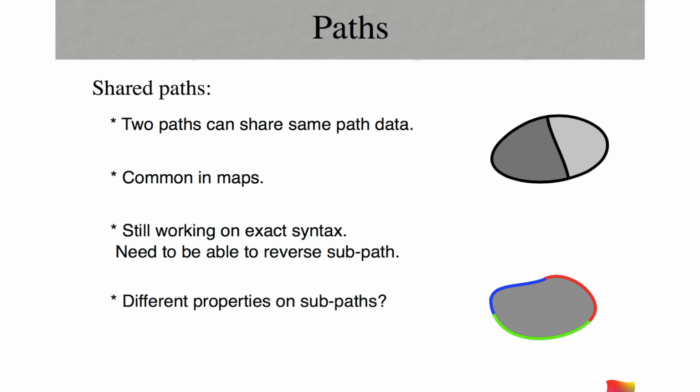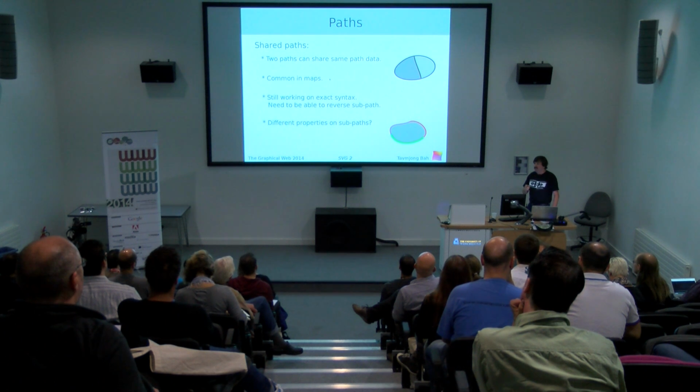Something else that's probably going to make it into SVG 2 is shared paths. Two paths can share the same path data. Like if you have a map, you have 2 countries next to each other, you don't want to have to put that border in twice. By using shared paths, you just put it in once.